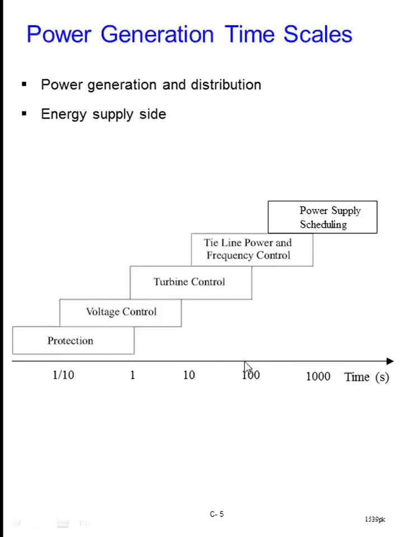Then another part: because we are concerned with the tie-line power and the frequency control, we will have the scheduling of the power supply, because we want an economic allocation of the generating machines, as I said. So we want to decide what could be the economical cost of power generation, and that could be on a much larger scale, right?